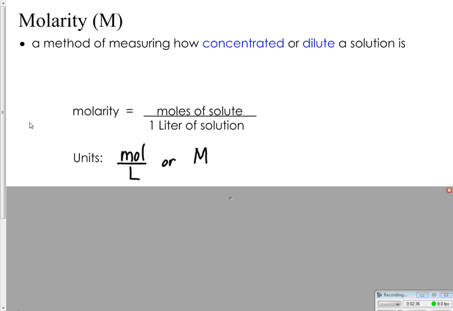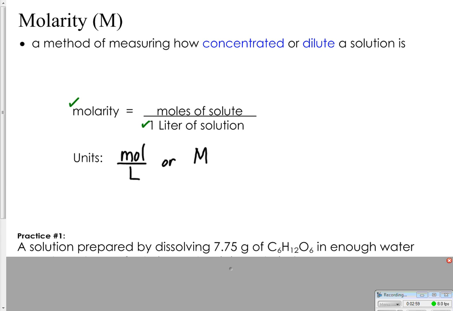If I know the molarity and the moles of solute, I could find how many liters of solution there would be. Or if I know the molarity and the liters of solution, I could figure out how many moles of solute there are, and possibly even how many grams of solute there are, because you should all know how to go from moles to grams.